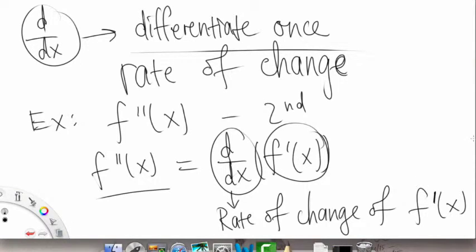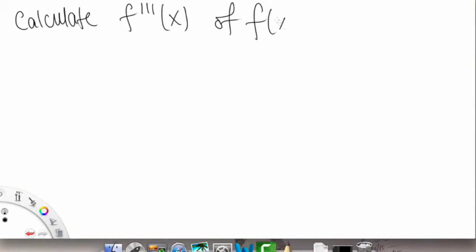All right, so let's do some practice problems. Calculate f triple prime of x, where f of x is equal to 2x to the fourth minus 3x to the third plus 8.